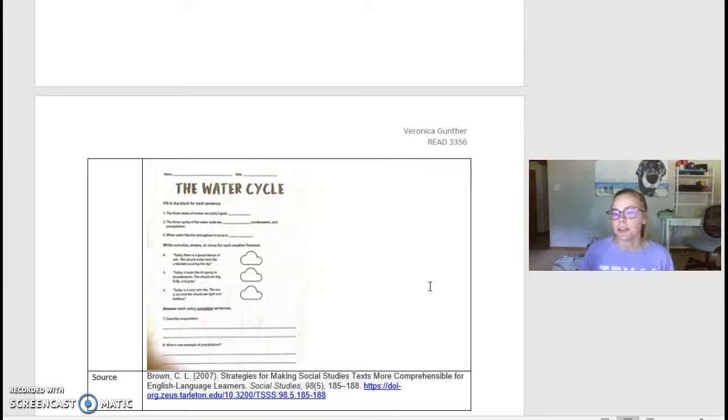So they're just filling in a blank, or they're drawing pictures, or they're just writing the vocabulary word, maybe a short response to what is going on in class. So they're not having to depend on writing everything down and remembering everything. They just have to focus on key words or key concepts, key pictures, and stuff like that to help get them through the notes, through the lesson, and it's easier for them to look back on.